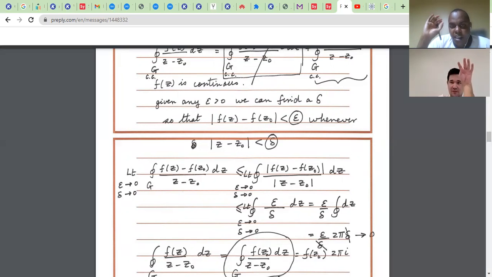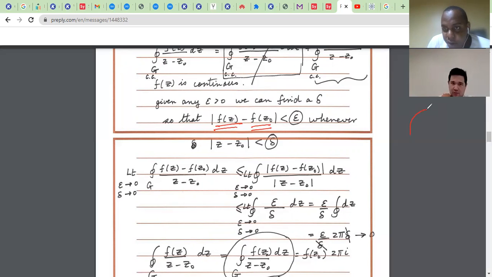Epsilon is not even inside the curve. It's the distance between the functions f of z and f of z naught, and these are not inside the curve.